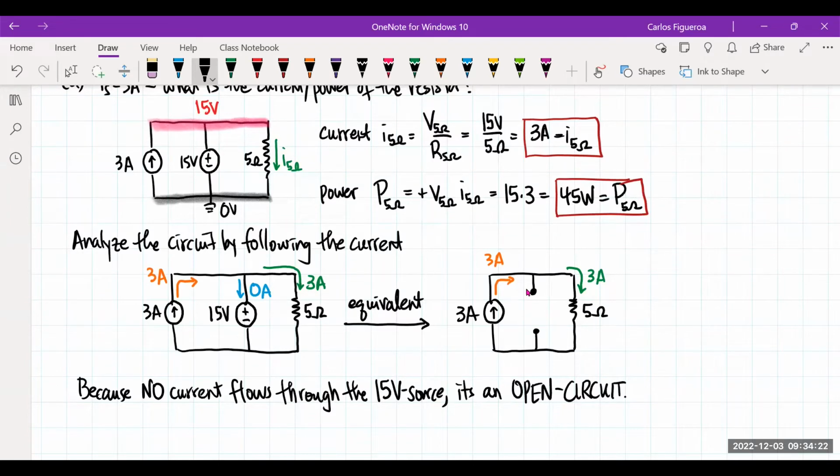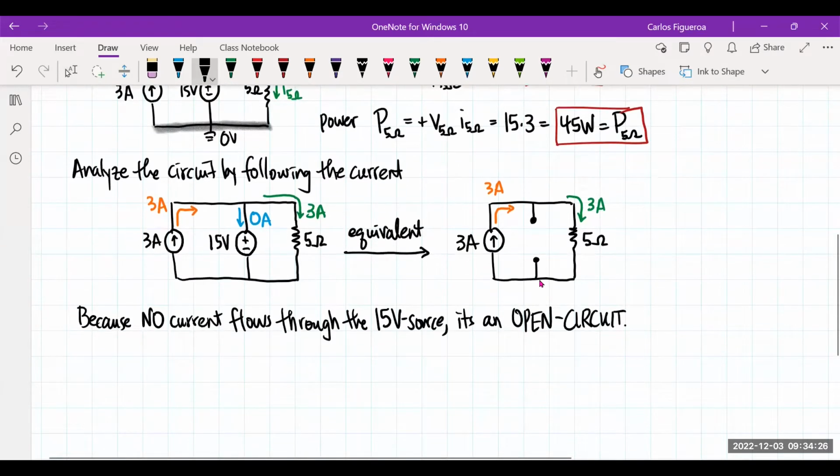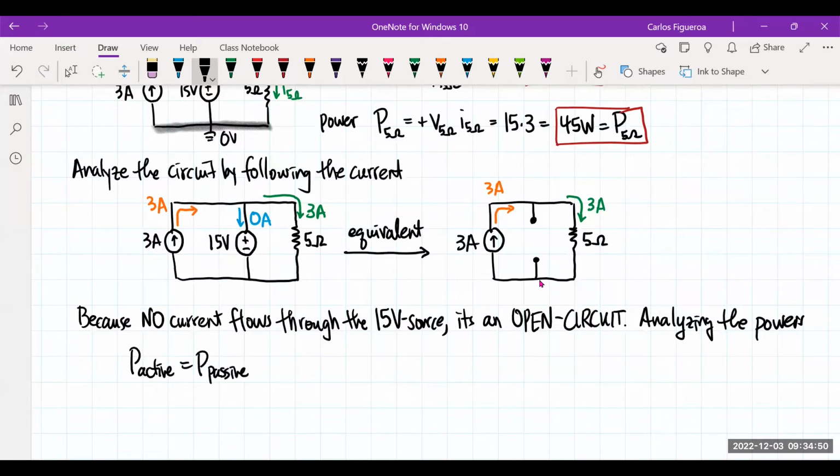So this means that if I now analyze the power of this thing, analyzing the powers, we can see that there's only one active source and only one passive element.